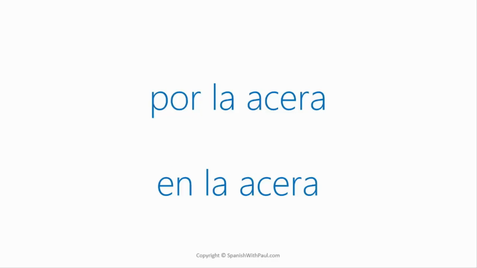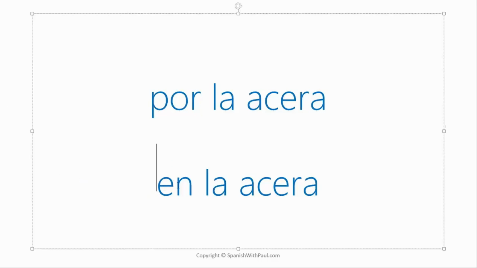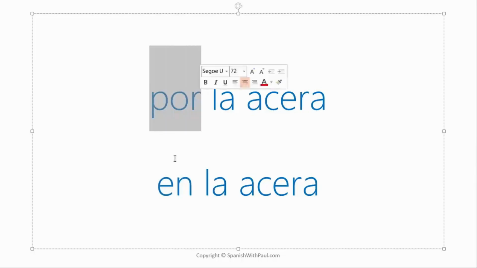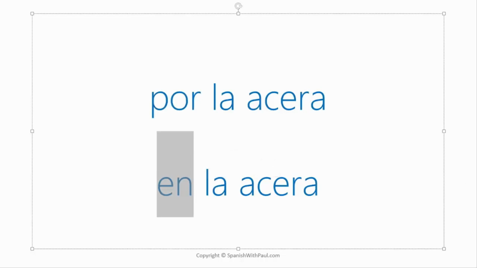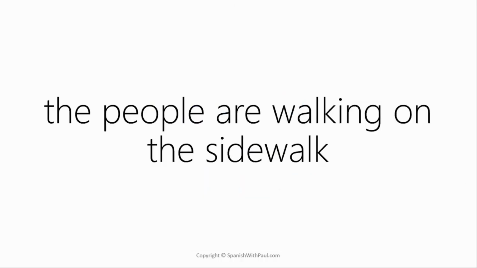In the next module, we'll switch over and we'll start using en so that you can get used to using both ways. However, for this module where we're in the city and we're walking on the streets or on the sidewalk, on the pedestrian crossing, it's just a little bit more correct and widely accepted to say por instead of en. So how would you say the people are walking on the sidewalk?